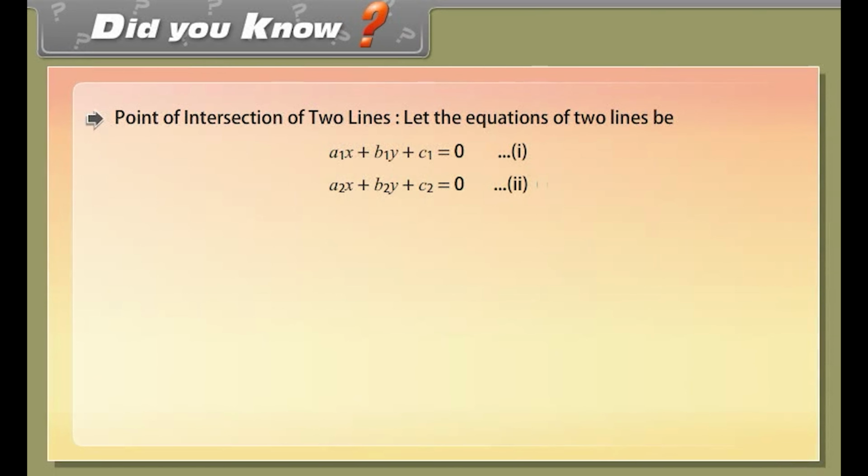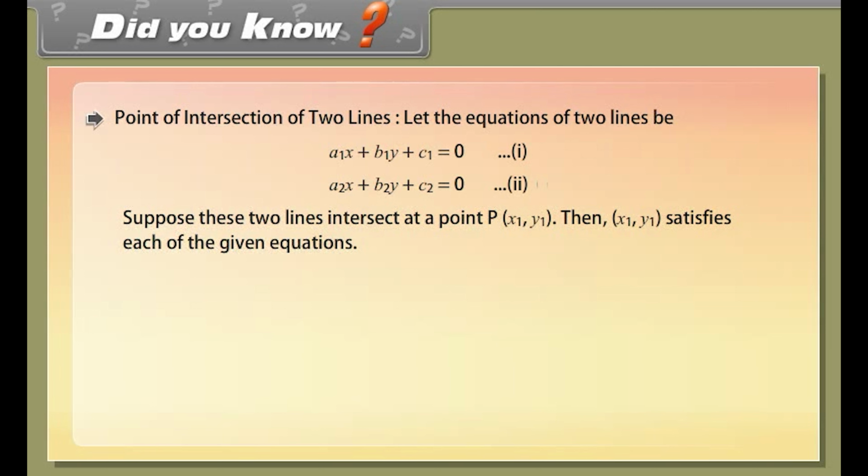Did you know? Point of intersection of two lines. Let the equations of two lines be a1x plus b1y plus c1 is equal to 0. Mark it as 1. And a2x plus b2y plus c2 is equal to 0. Mark it as 2.